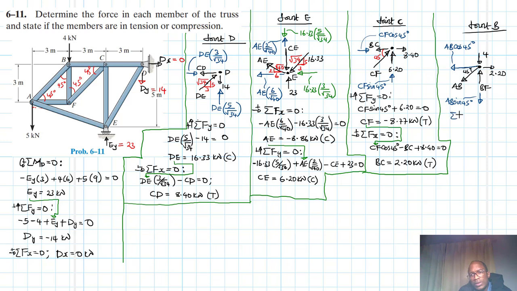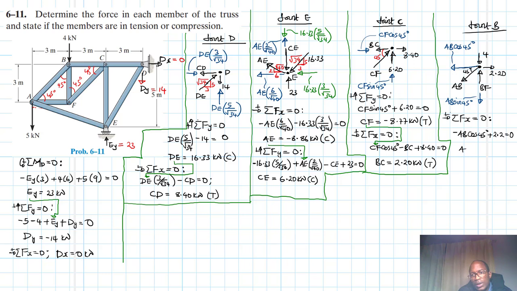So start with the summation of forces in the x direction. So say summation of forces in the x direction equal to 0. What do we have? We have minus AB cos 45 plus 2.20, 2.2 equal to 0.